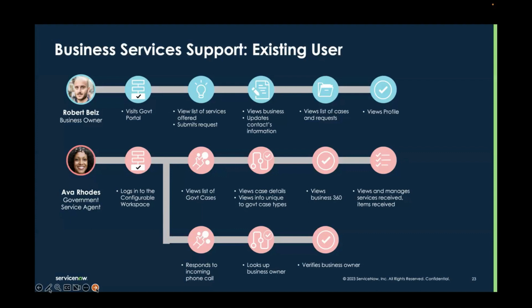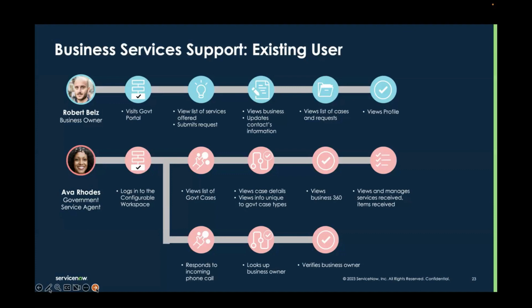We'll then transition into the agent experience. So we have Ava Rose, a government agent who is set up to serve businesses. So we'll see her log into the configurable workspace, see a list of cases, and view those case details. We have a Business 360 that provides a holistic picture of the business, of all the services that they've received, the items that they've received, all of their recent interactions.